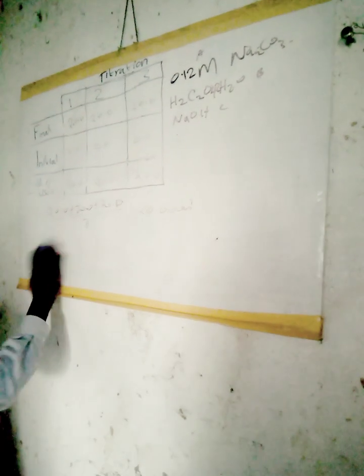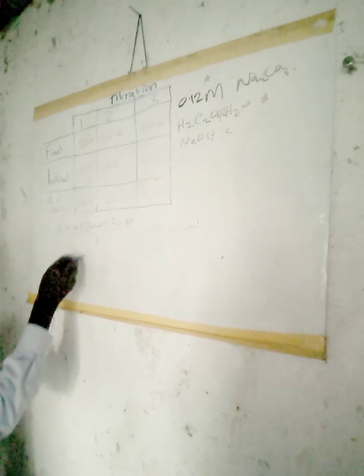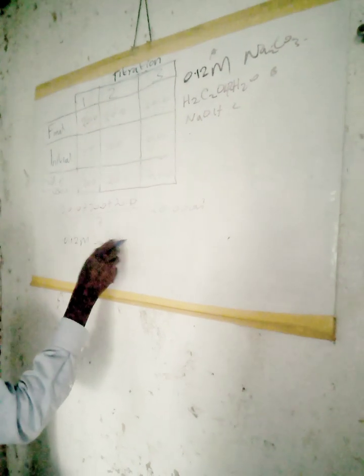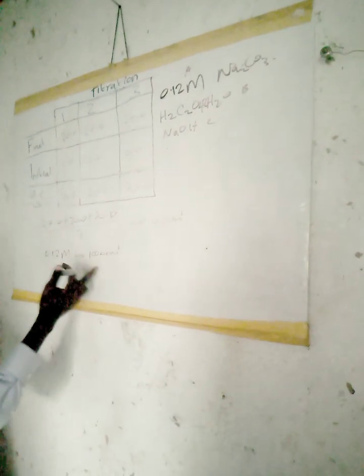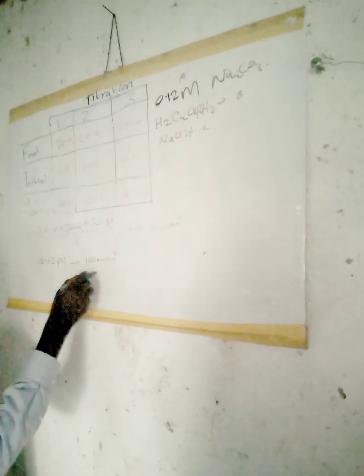Now, we have been asked to calculate the number of moles. So we are going to say if 0.12 molar is equivalent to 1000 centimeter cubed, because molarity is always expressed per 1000, since it is moles per liter. What about the average volume that you have got here? That is 20.0.